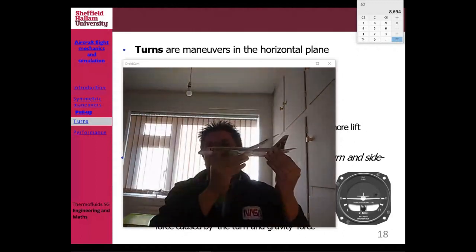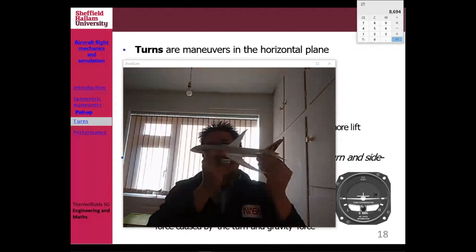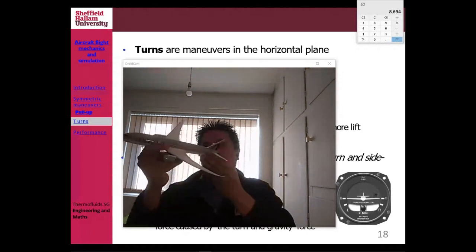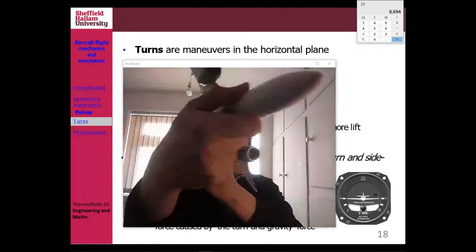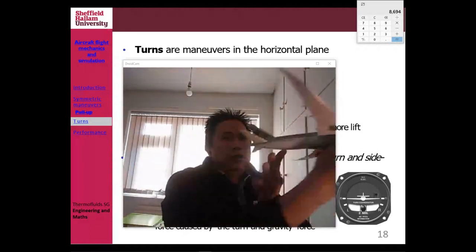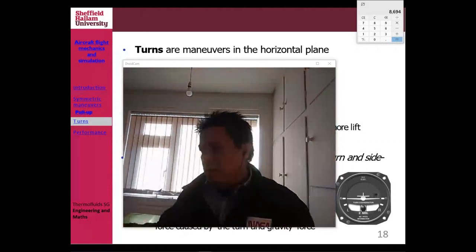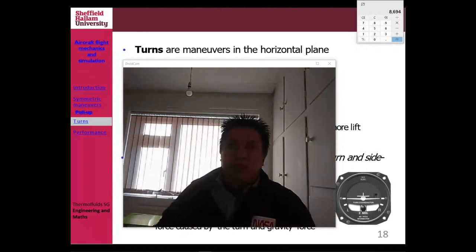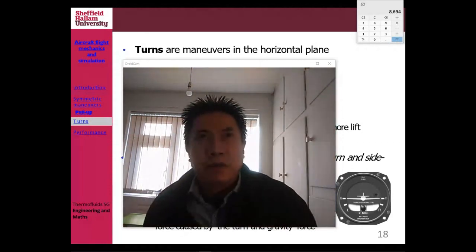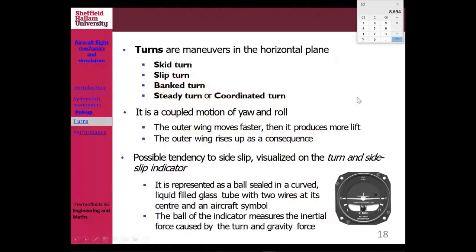For example, if you want to make a 180-degree turn, you want the aircraft to move and turn slightly until you reach a 180-degree change of heading. So that is what we call a coordinated, or steady, turn. That is the last point there.